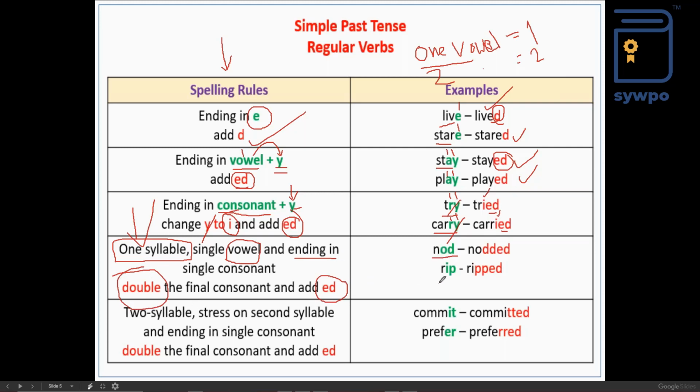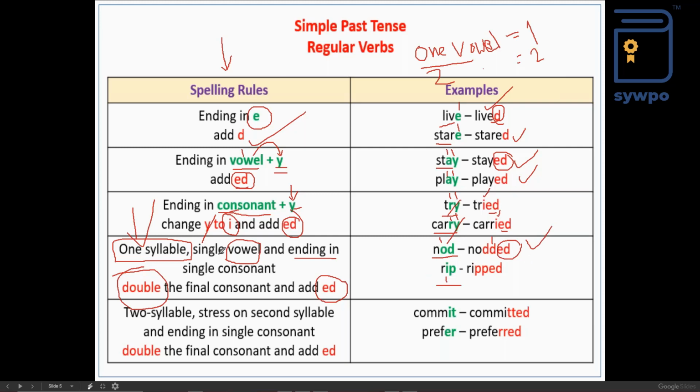So look here, nod, rip. You have a vowel. And what you do to make the past form, you add one more D because D is the last letter, and after that you add ed. It becomes nodded. Nod, nodded. Rip, look, rip. You have a vowel here. This is also one sound. Rip, nod, one sound.